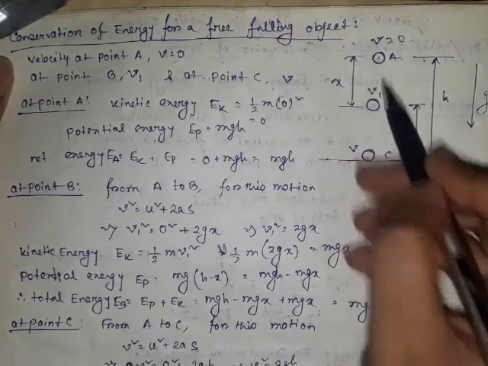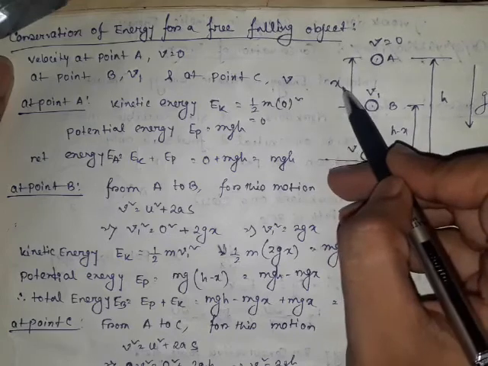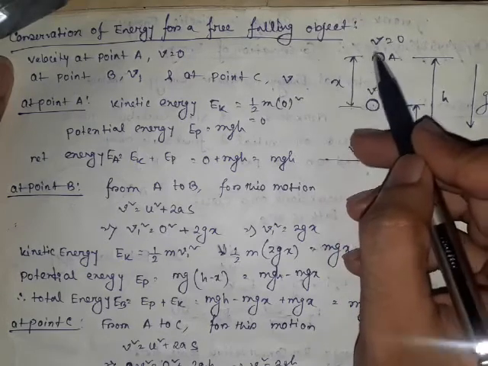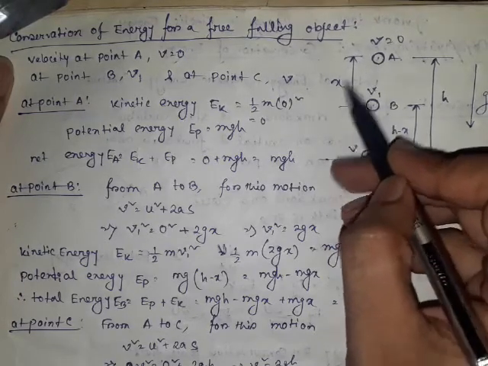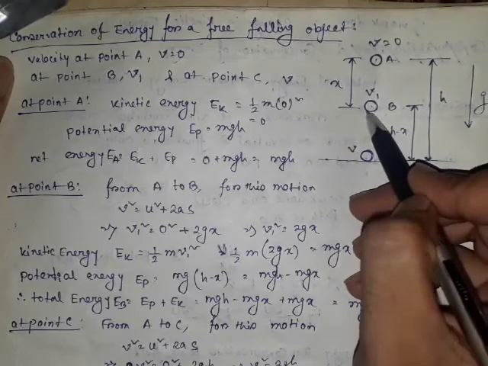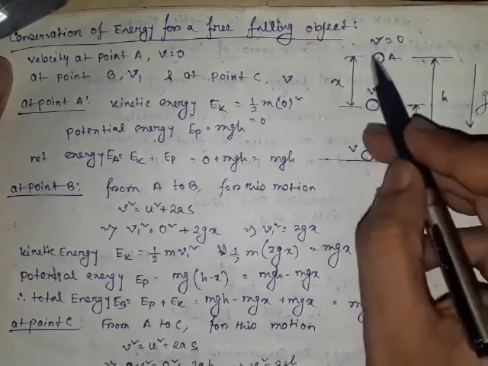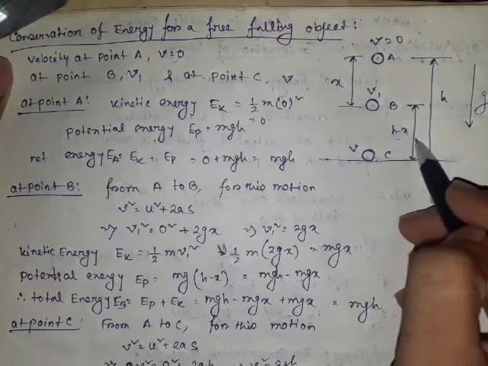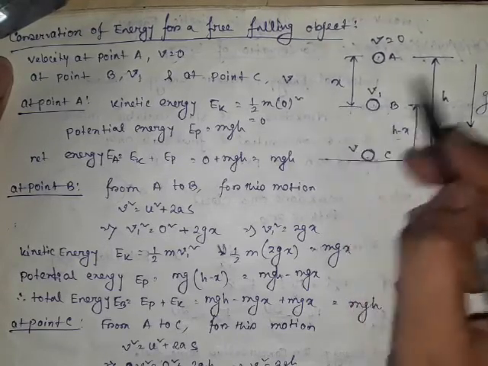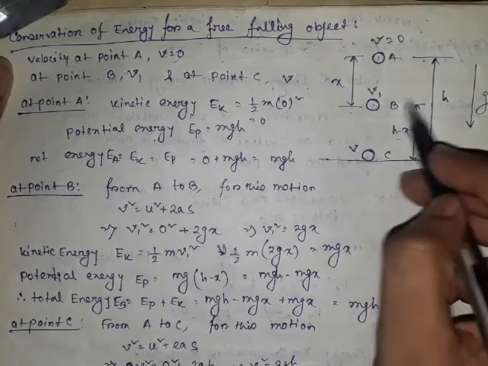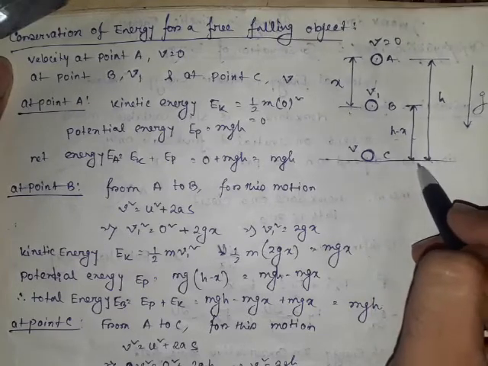Now the distance from A to B is x, that means the object has traveled a distance x to reach from A to B. The total height of A is h, so the height of B will be h minus x from the ground.